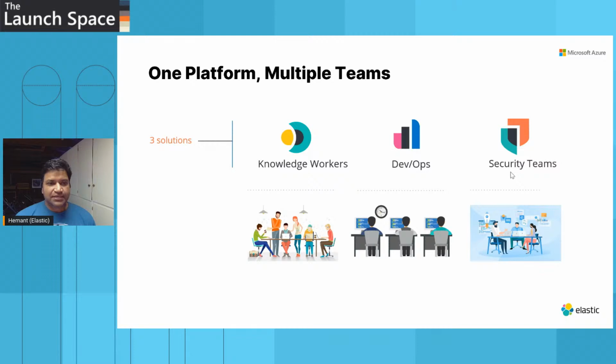What this translates into is a single platform providing multiple solutions to different teams who are out there to solve different challenges. So knowledge workers might be leveraging that portal that provides them access and a relevant search experience for the content sources that they need. Developers and operators might be using the observability solution, leveraging the same Elastic platform to monitor the infrastructure and applications.